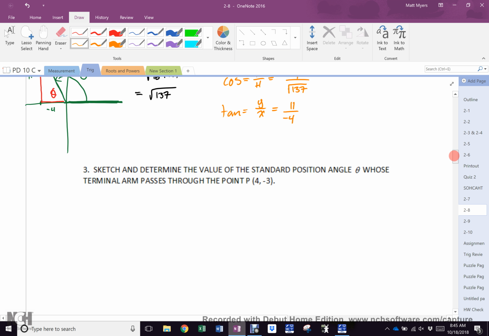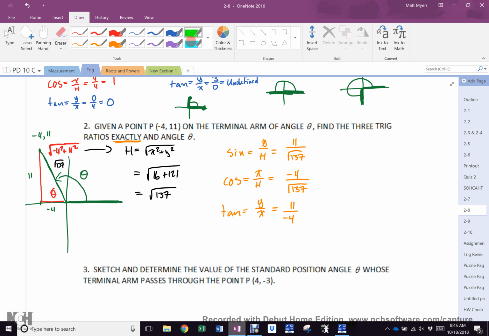Everyone is good? Please highlight exactly. When we do trig, we leave it exact. Now, in the real world, can I go to Home Depot and say, I need some pipe to go the square root of 137 meters?